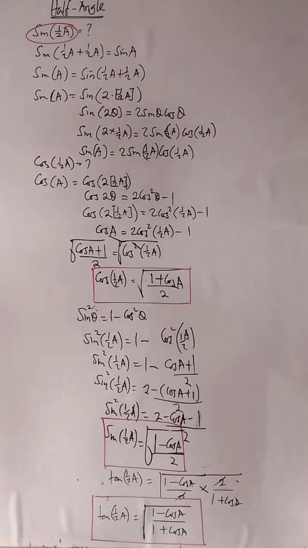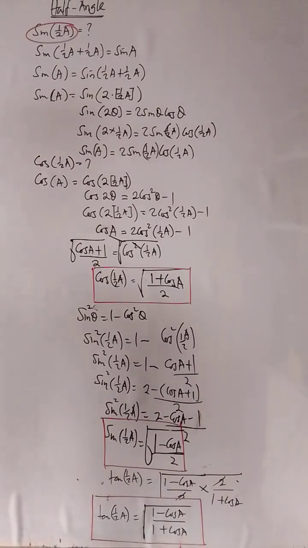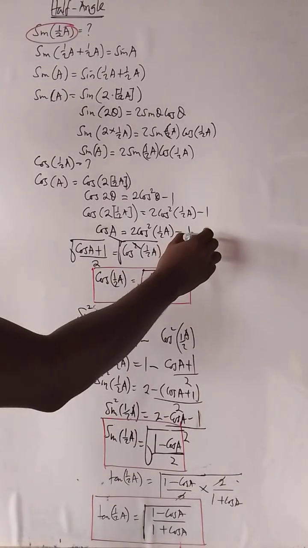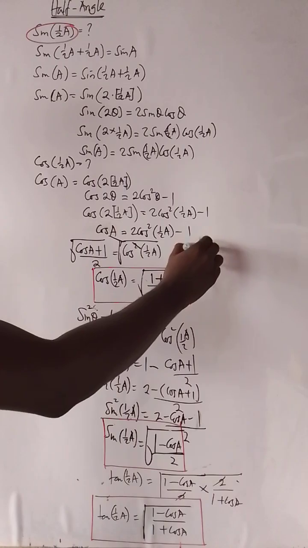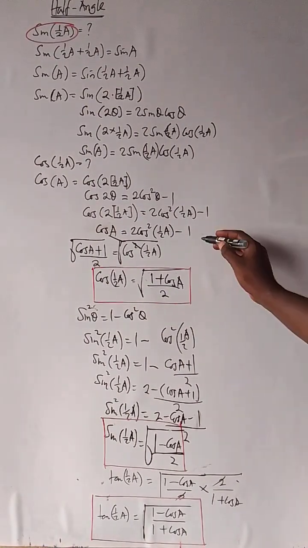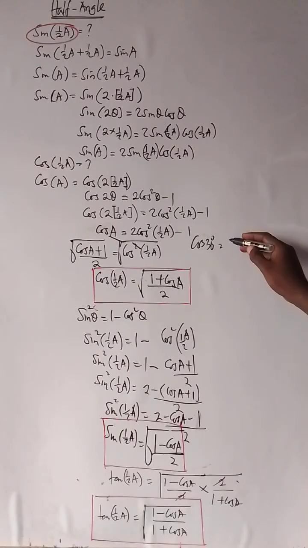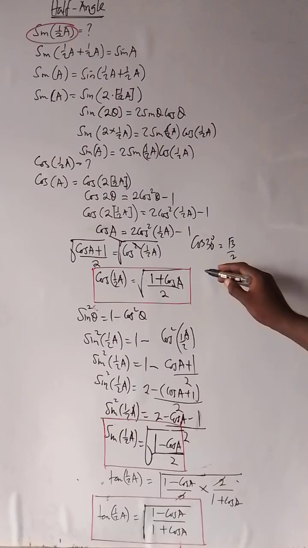Now the question is, why is this half angle useful? We have special angles like 30. Cos 30 degrees is a special angle, and the answer is root 3 over 2. So the question is, what's cos 15?